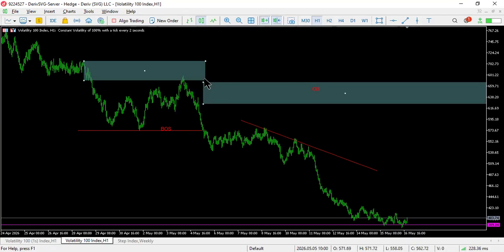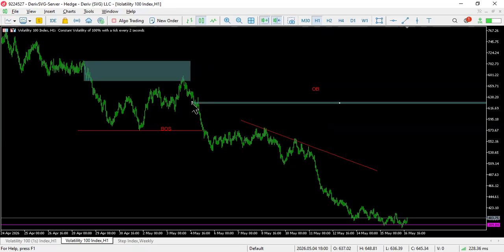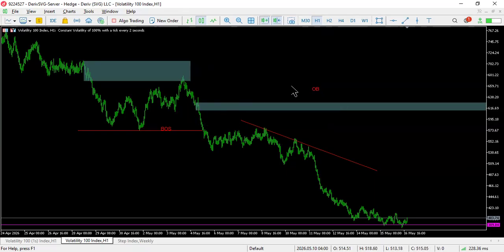From the 1 hour, adjusting our order block, it is going to be at this level right there. So all our confluences are intact.